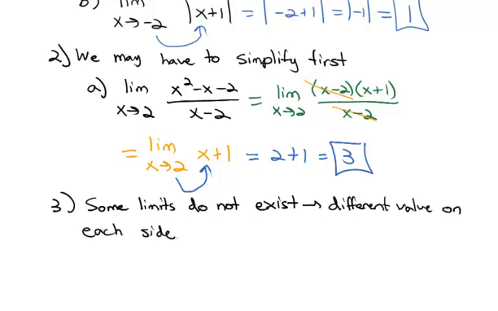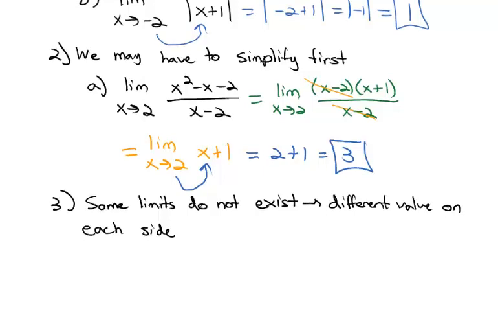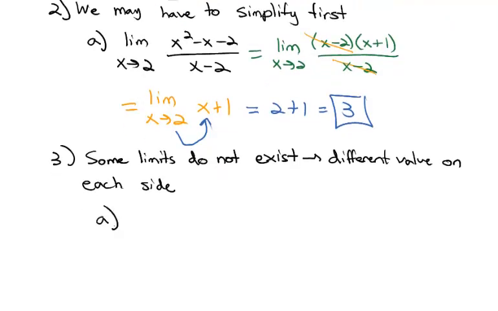Remember, with the example at the beginning, we looked at the left side and got 3. We looked at the right side and got close to 3. Same value on both sides, so we said the value must be 3. But that doesn't always happen. Let's take, for instance, the example taking the limit as x goes to 3 of x plus 2 over x minus 3.